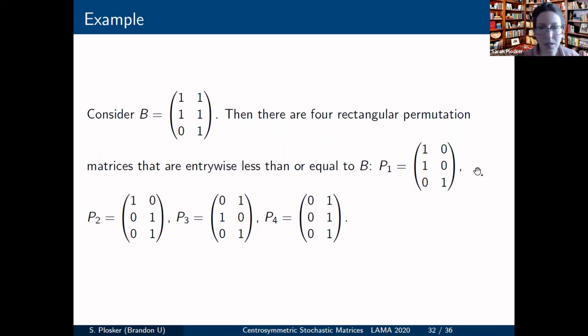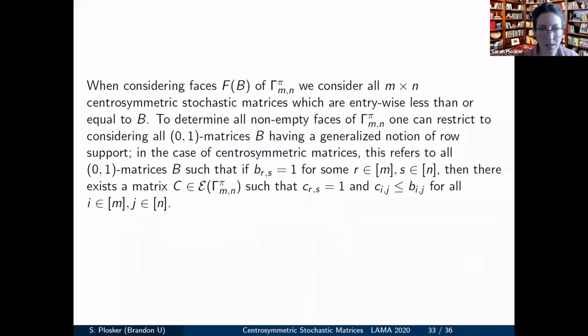Okay, so we want to look at the faces of centrosymmetric stochastic matrices now. Before, to deal with the non-empty faces for stochastic matrices, we just had to look at certain rectangular permutation matrices.